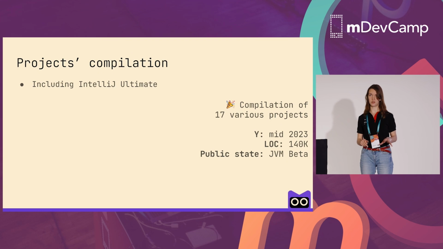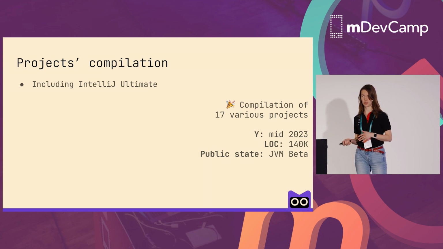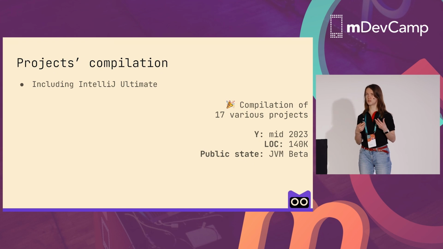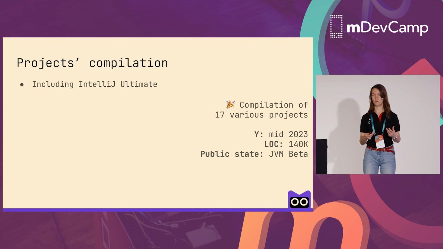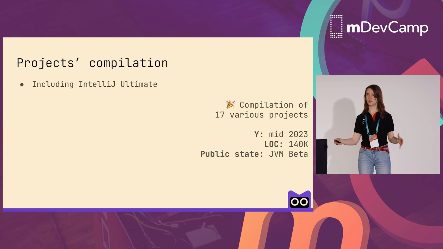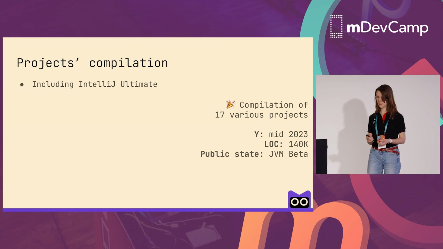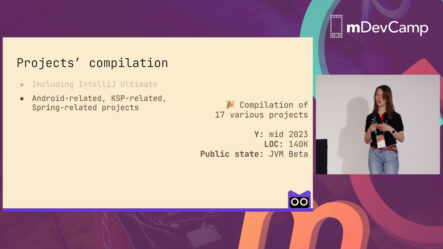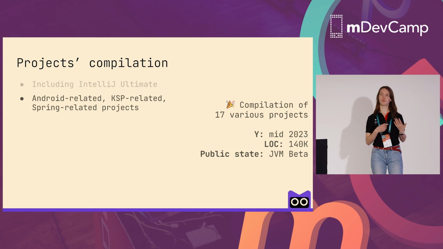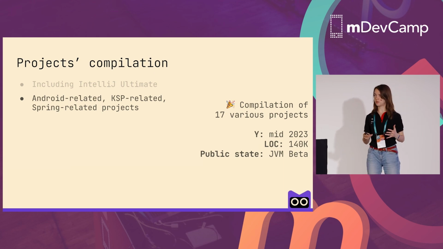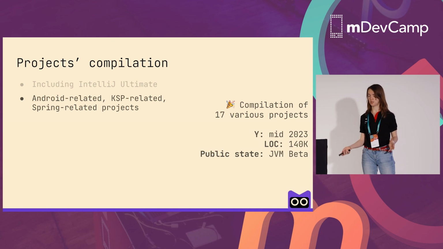I can tell that most of our user projects we were compiling were huge because the main interest for us was to cover most of the use cases you may have when you migrate your projects to K2. So we have included some popular frameworks, popular technologies, to make sure that our new compiler works just as well as K1.